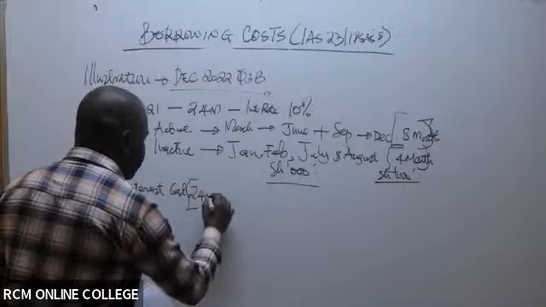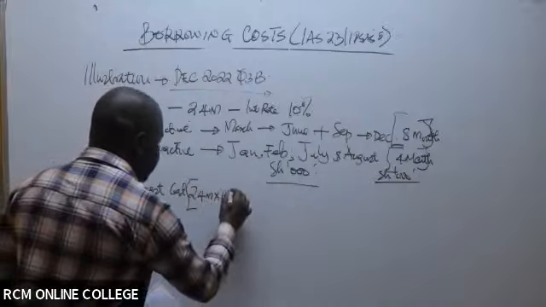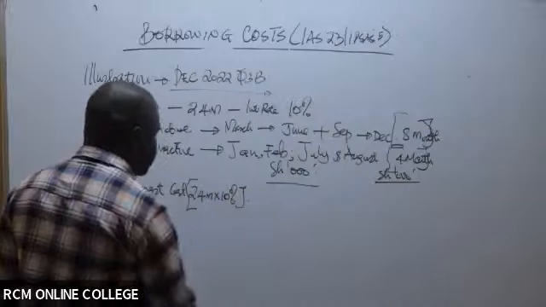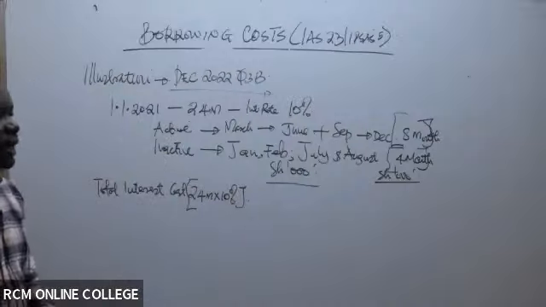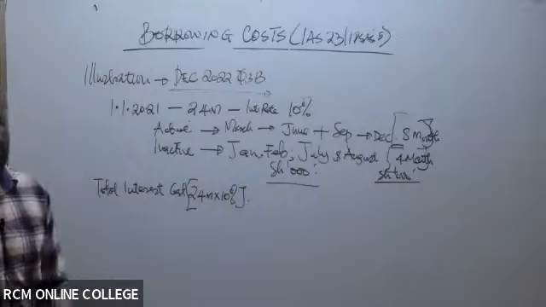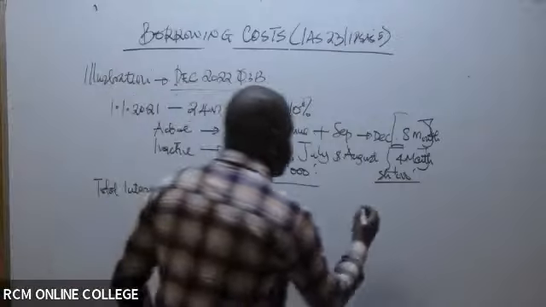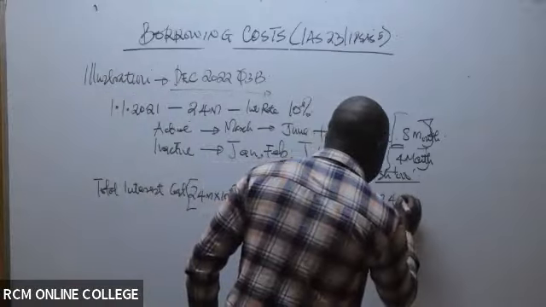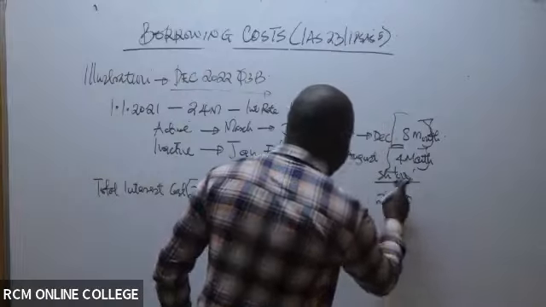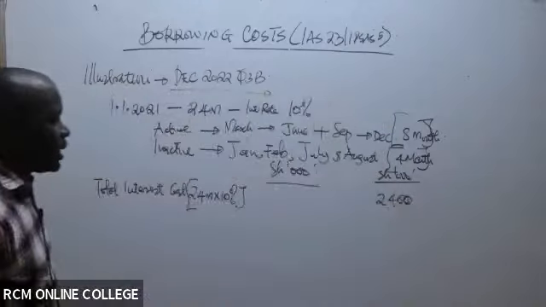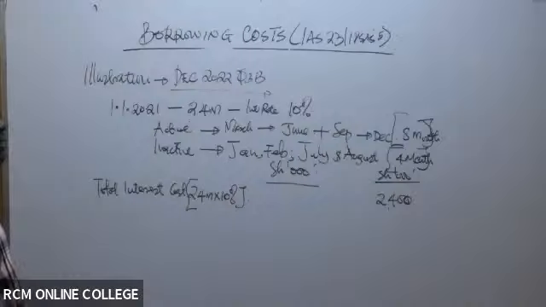We multiply by 10%, which in this case, our friend has already told us is how much? 2.4 million. Remember, our figures are in thousands. So here it means it will be 2,400. 2,400 tukiweka in thousands inakuwa 2.4 million. So that is the total interest for the entire year.